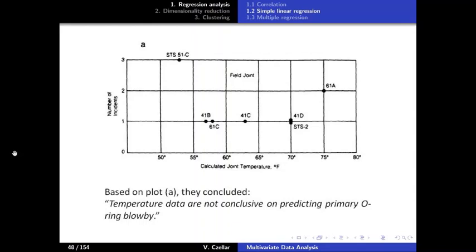If you look at the prediction with this linear prediction, you see that it was already kind of dangerous to launch the flight. The predicted number of damaged O-rings would have been something like 3 or 4 at this low temperature.